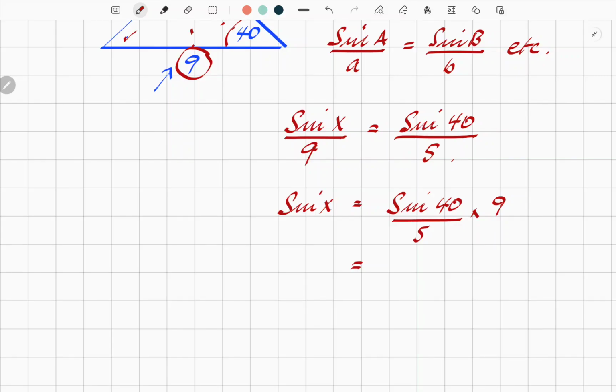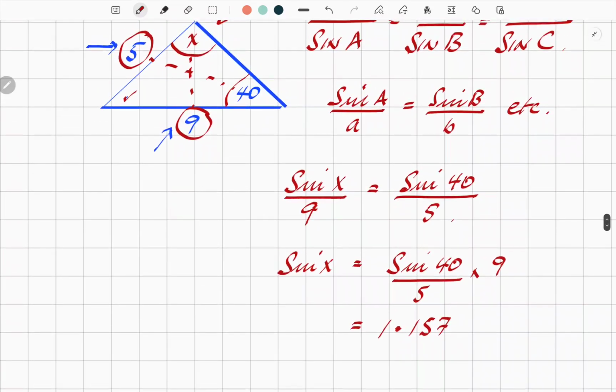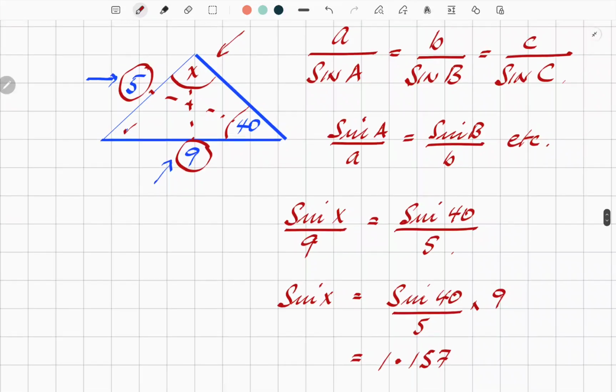Whoops, what have I done? Oh, I've picked a bad one. Tell me what's wrong with this. I've got sine x equals 1.157.